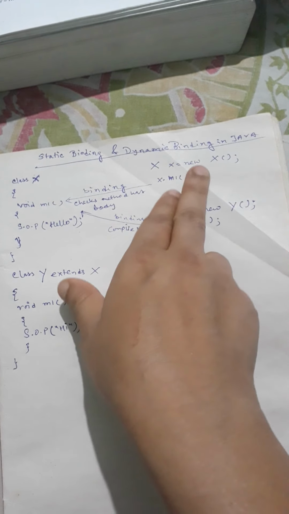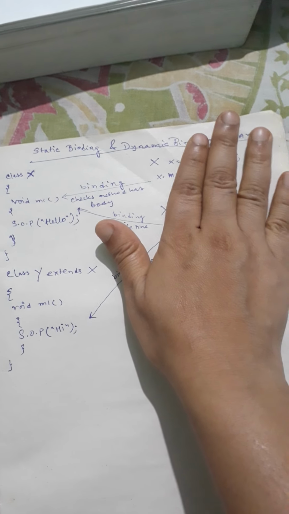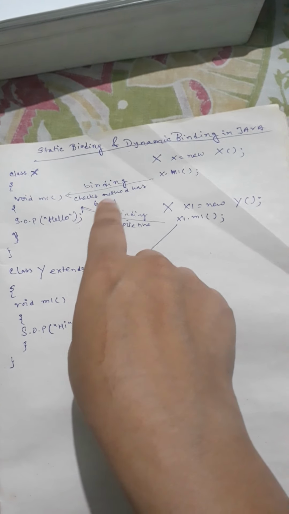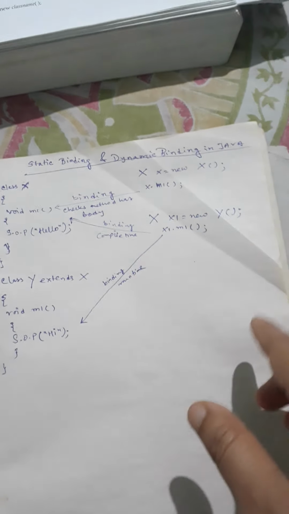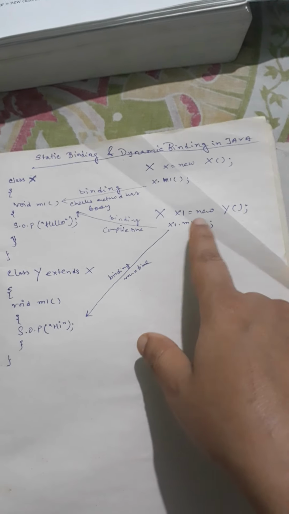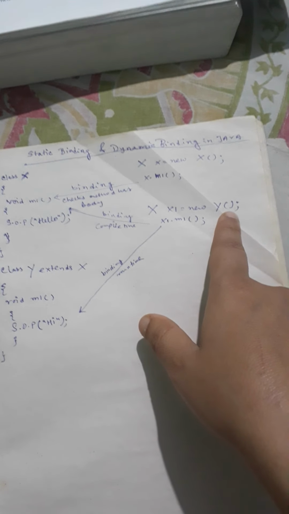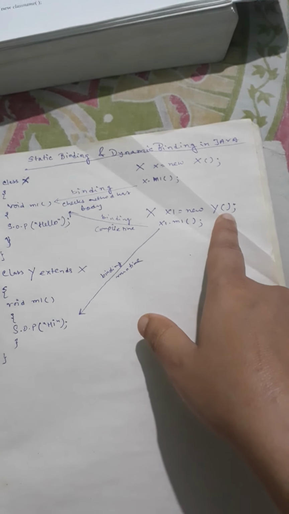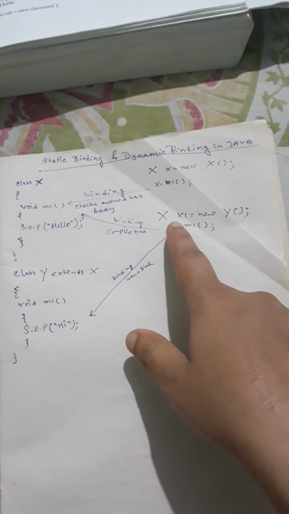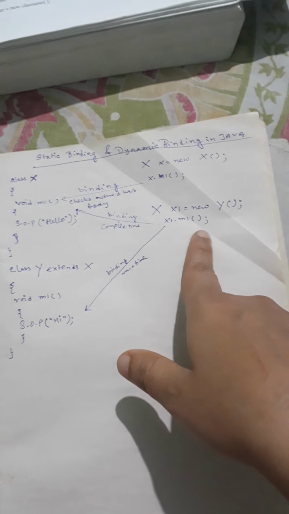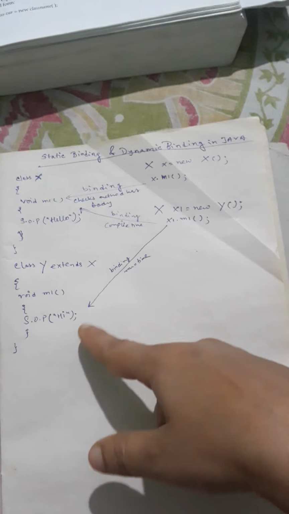This happens at compile time, before runtime, and dynamic binding means runtime polymorphism. It checks the right side, which constructor and which object is created and which method will be called at runtime.